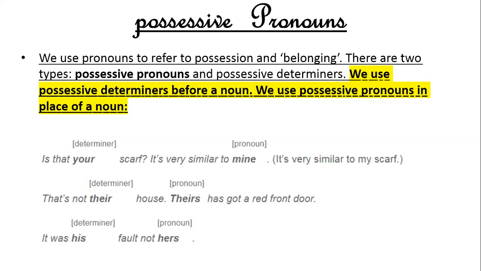What if you don't want to use the possessive determiner? You can use a possessive pronoun. We know that a pronoun replaces the noun in the sentence. So it's very similar to mine. Mine here means my scarf. Instead of saying my scarf, I said mine, because I already said the first noun, which is scarf.